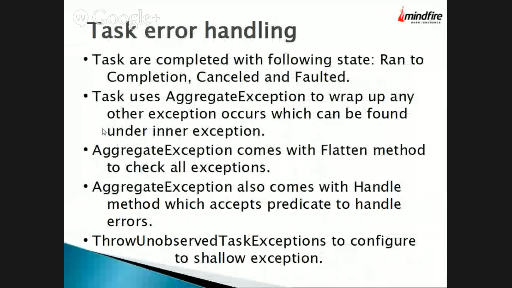So the last thing is task error handling. Whenever a task runs and an exception occurs in it, you will always get the AggregateException. The AggregateException is like a container of all those exceptions which occur in the task.